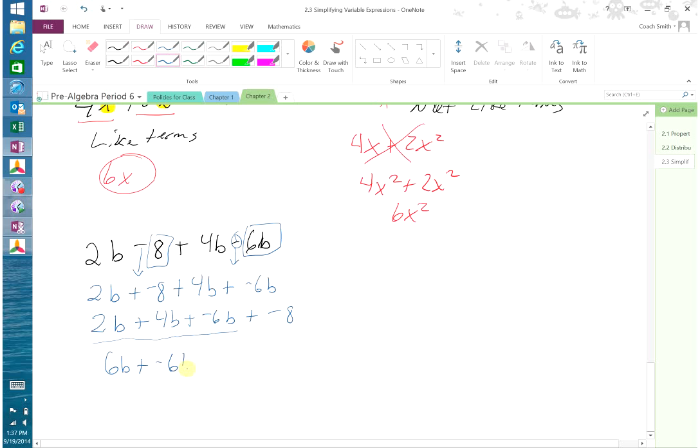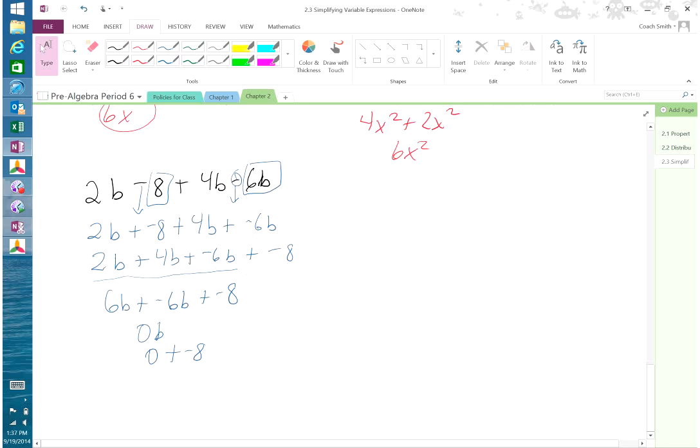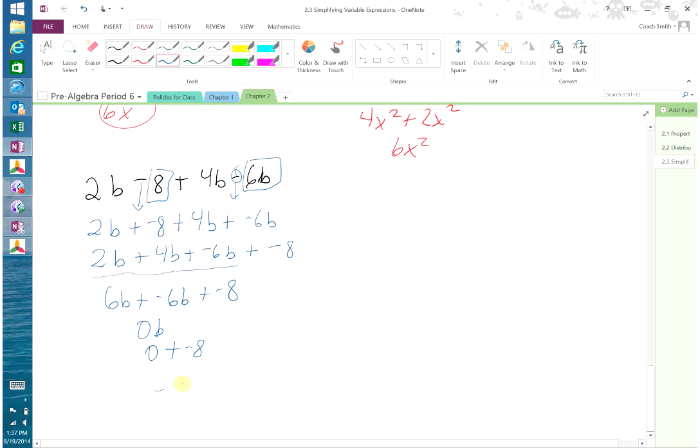Plus negative 6b plus negative 8. What is 6 plus negative 6? 0. 0b, but 0 times b would be 0, plus negative 8. What is 0 plus negative 8? Negative 8. So that one we were able to simplify down to a constant term.